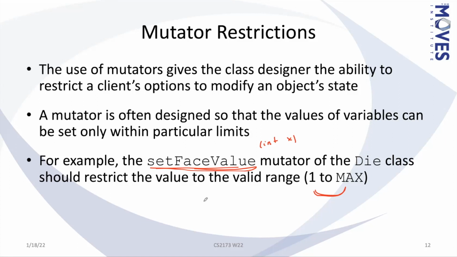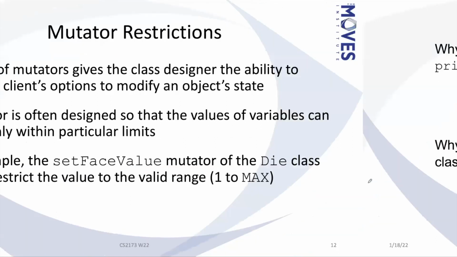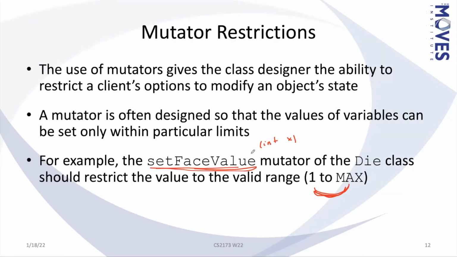The problem is that the die is only allowed to have values 1 to max, and max happened to be 6 in this case. As I said, it is not a good design to allow this, because this is basically cheating. But if you allowed this, then the method should reject any attempt to set a value that is not in the range.